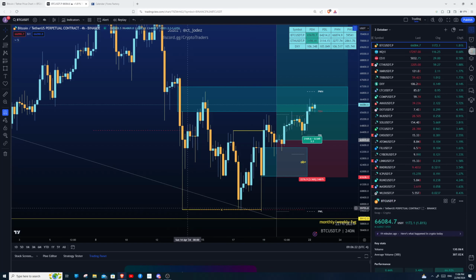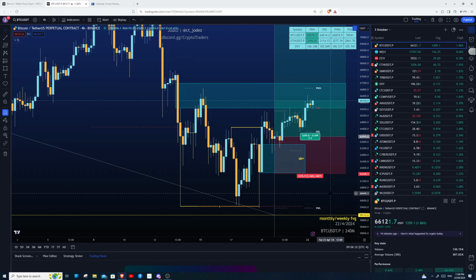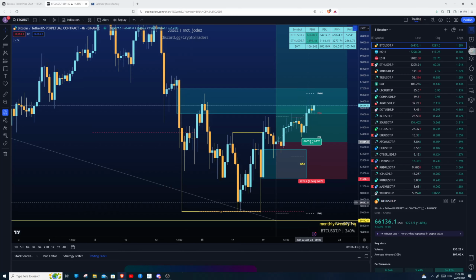So by sweeping this liquidity and then seeing strong buyback, this is a sign of an order block being created. It's a sign of institutional interest and a sign of big, stacked orders being left here, and we expect price to retrace to this level, hold it as support, and give a strong reaction.